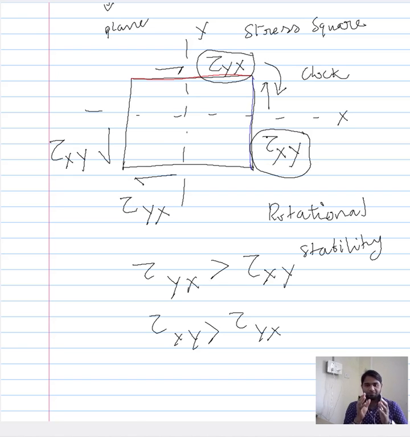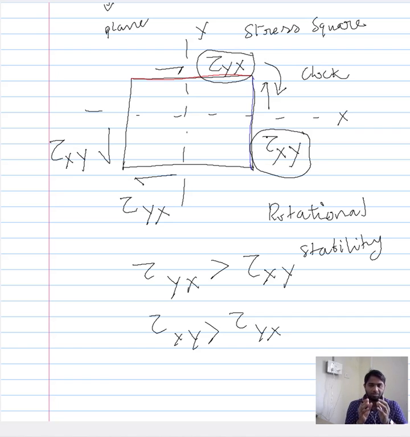Supposing the square represents a small element which represents a point. In that case, since a point, which is again a theoretical conception, cannot rotate, since a point is just an element of a system, it means that the point that is being represented by a cube element, for our understanding, should have rotational stability.